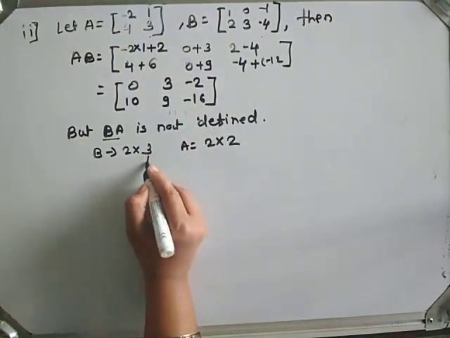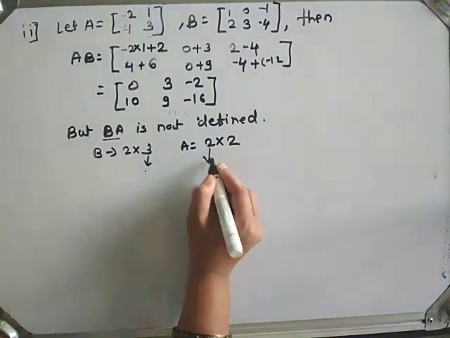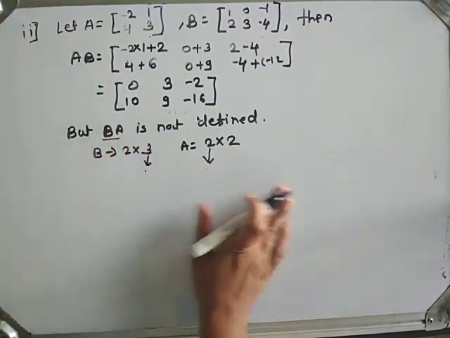That is, the number of columns in B is not equal to the number of rows in A. Therefore, product BA is not defined.